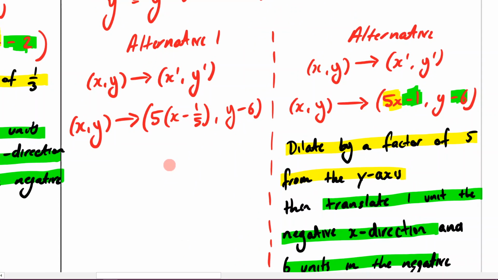So what you need to realize here is, what is the first thing that happens to my x? Is it dilated or is it translated? Well, because of the brackets, it's translated first. So the way that you'd read this is, I first translate 1 on 5 units in the negative x direction.